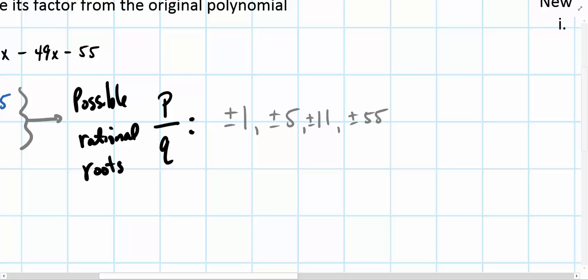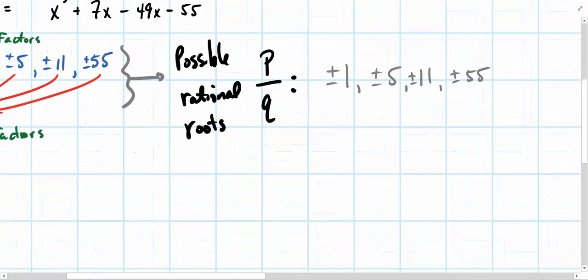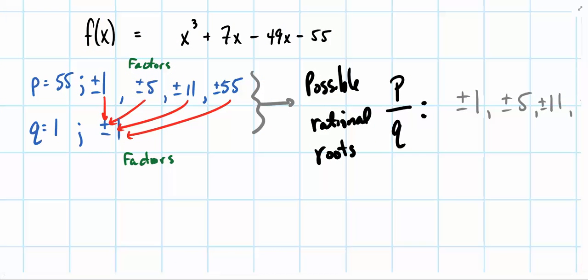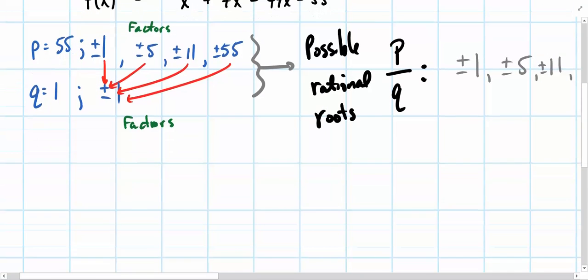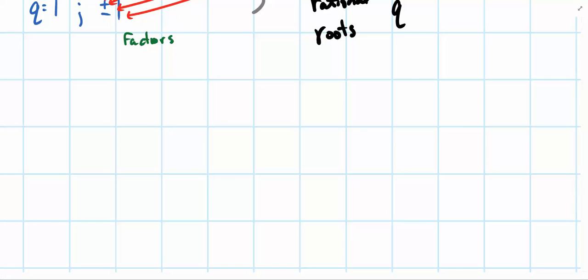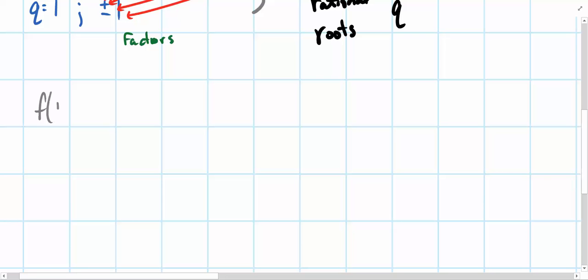So we have 8 numbers to investigate at this point, and investigating 8 numbers is a heck of a lot better than trying to guess at random any number that could possibly divide this function. So let's go ahead and make up a list and start working through it. We need f of 1, f of negative 1, f of 5, f of negative 5.